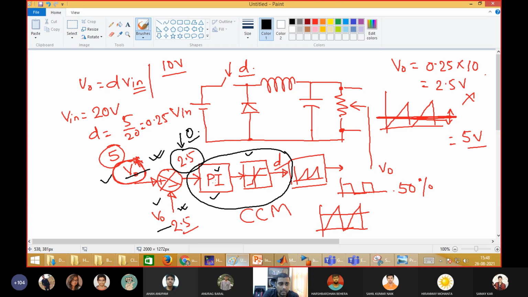This is the beauty of the PI controller, the proportional integral controller. Its PI values depend upon the transfer function of the closed loop system. It is a little bit complex. I can explain, but it is not necessary at this point. So it adjusts the D value till this error becomes 0. It keeps on adjusting the D value.